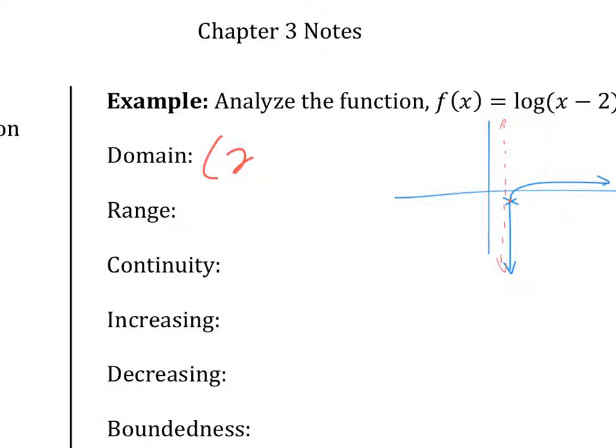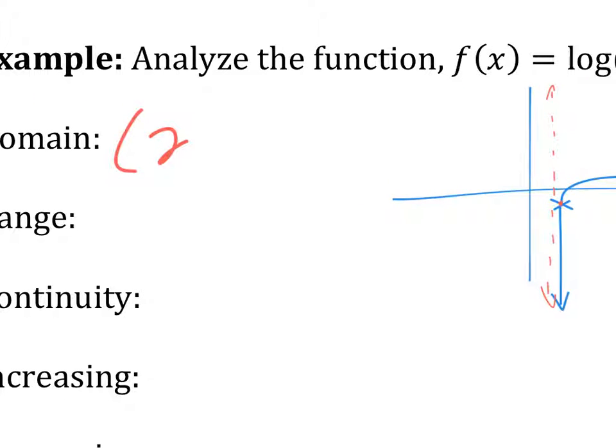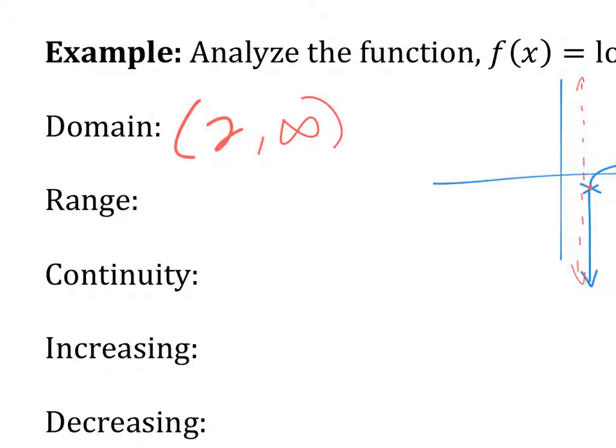We cannot equal 2. All of the logs have an asymptote, so it's not equal to 2. 2 to infinity. Raymond Kim, range. All real numbers. Daniel, continuity. Always continuous. So continuous.